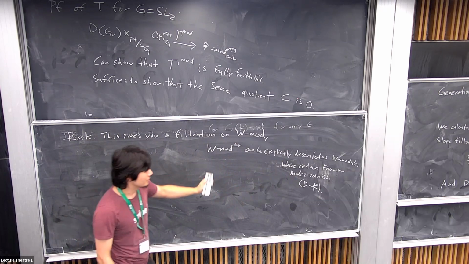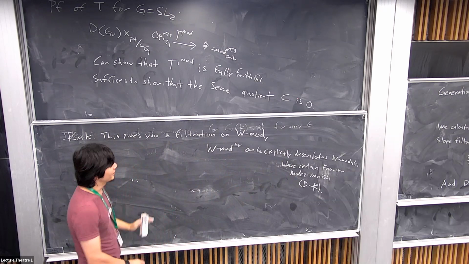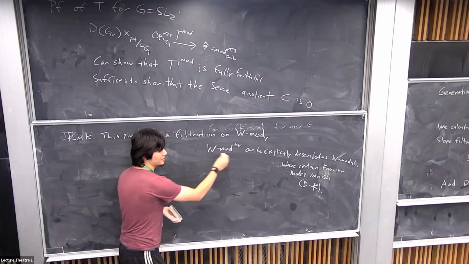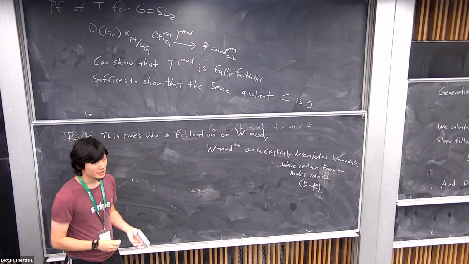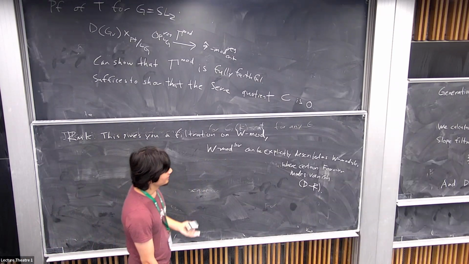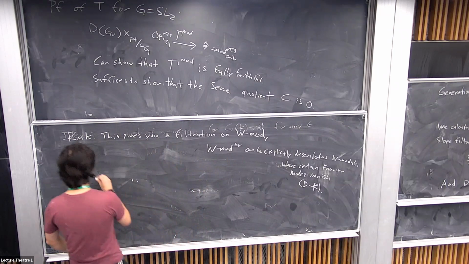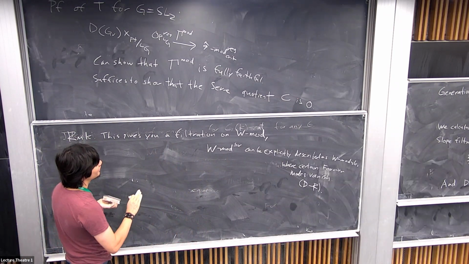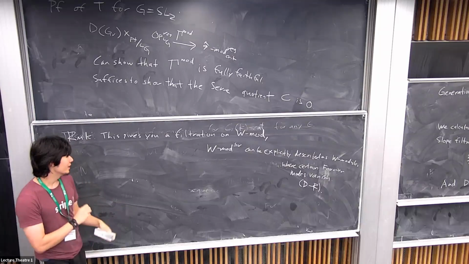So this can be described kind of naturally, but at the same time, this theory so far doesn't tell you that much about these categories, because it turns out that if you want to do geometric Langlands, this filtration is sort of not enough.